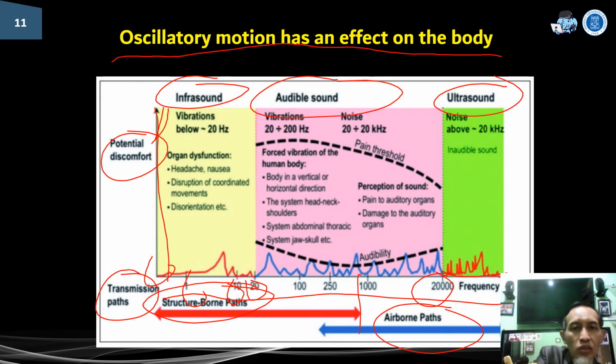Vibration below 20 hertz causes organ dysfunction. It is nausea, disorientation, etc. Above 20 kilohertz is inaudible sound.